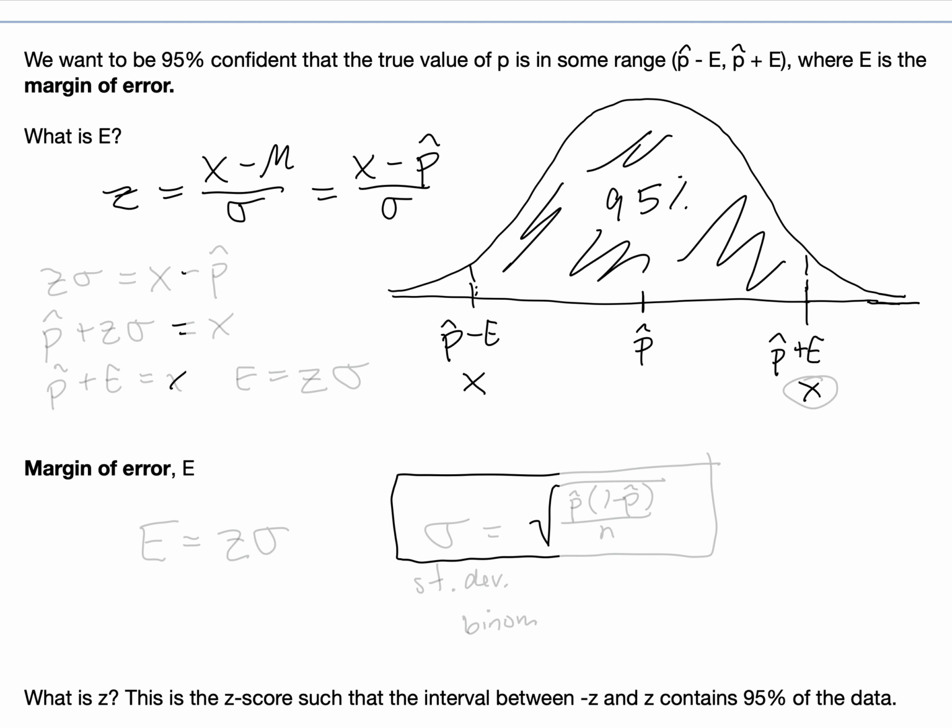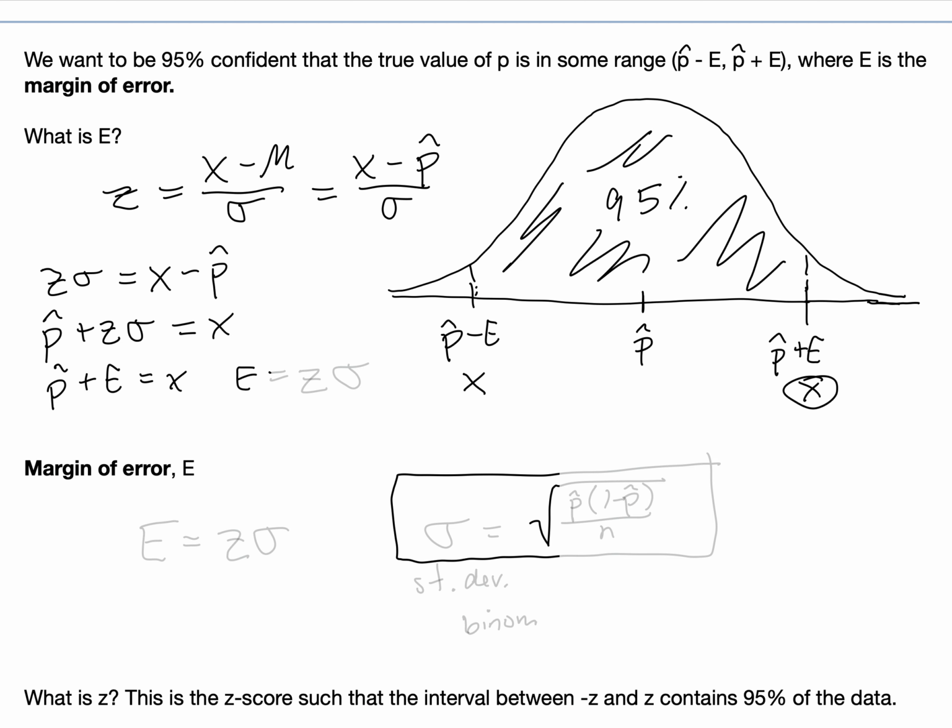What position contains this data that we're interested in? So we're going to solve for x, and we're going to multiply both sides of this equation by sigma, the standard deviation. So z times sigma is equal to x minus p hat. And that means that if we're solving for x, p hat plus z sigma is equal to x. So this is x, and that means that p hat plus e is equal to x.